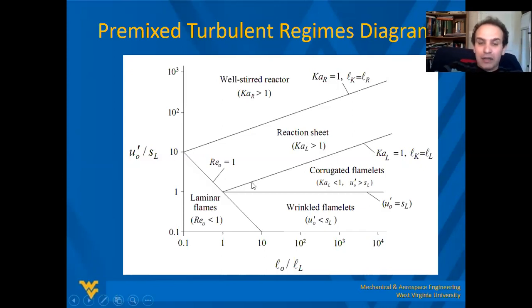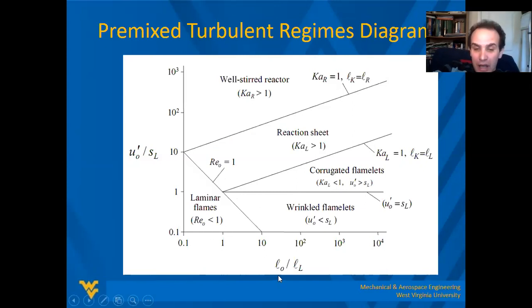So if I say that this is wrinkled flamelets and this is corrugated flamelets and they differ when u prime is S_L, it means that by order of magnitude. If u prime is 2 S_L or if u prime is 0.5 S_L, it's still the same. We talk about an order of magnitude difference. Is it like 10 or 0.1? Do you understand this? I believe so.